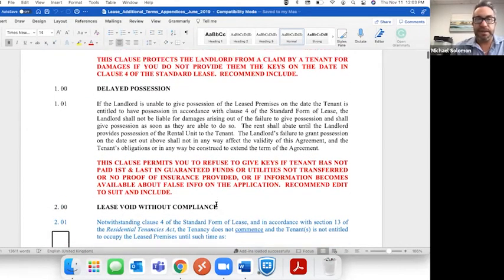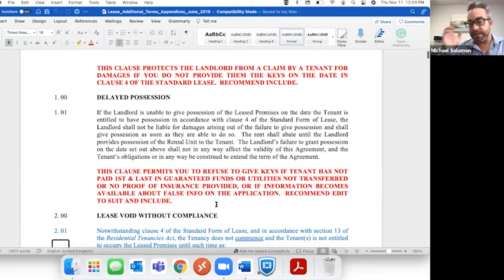So last week we talked about how sometimes there's a delayed possession, or sometimes we may actually give our residential unit to the tenant early, as opposed to when they should move in. In a delayed possession, for example, if the unit is being renovated, there may be a time when possession is delayed.